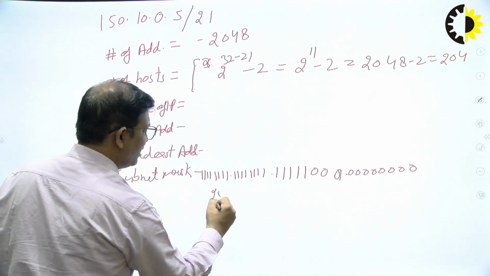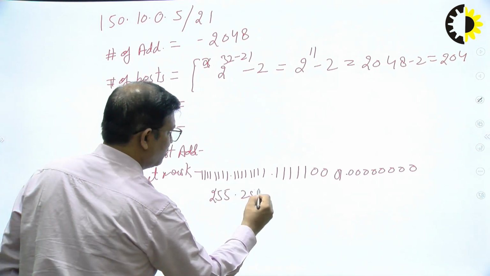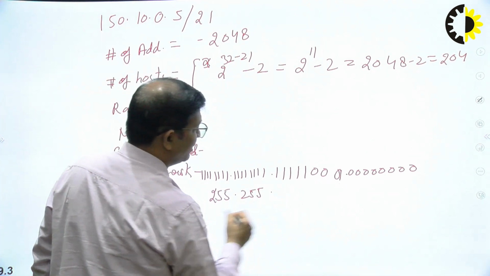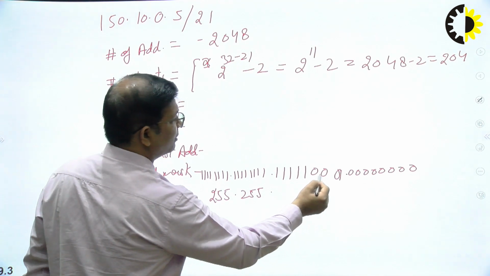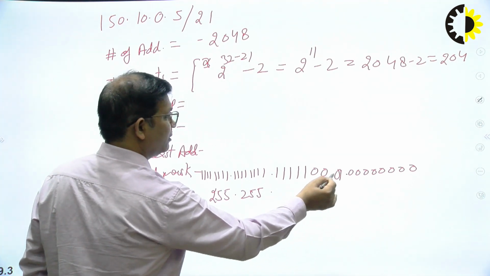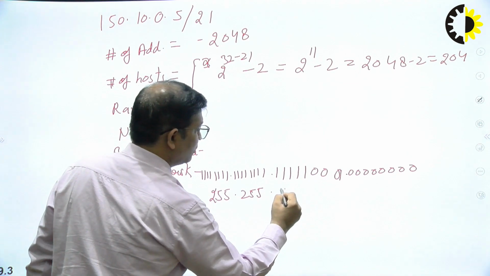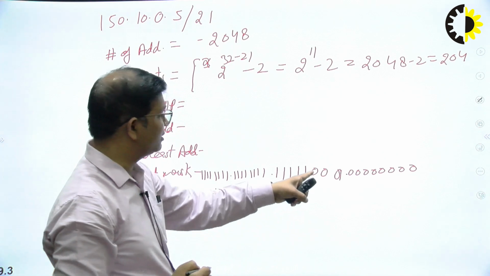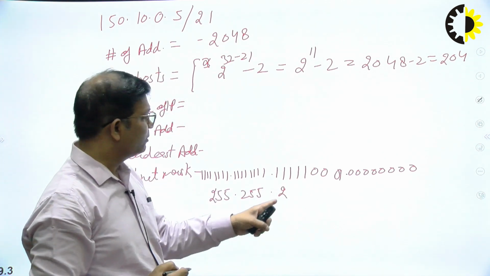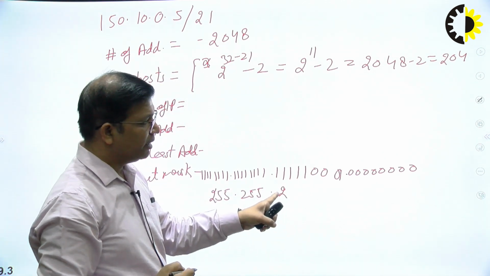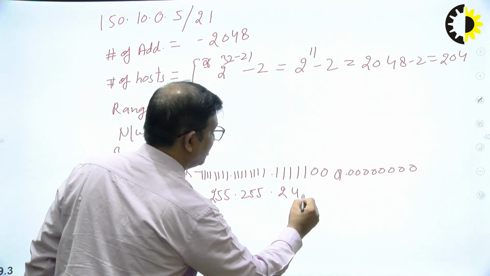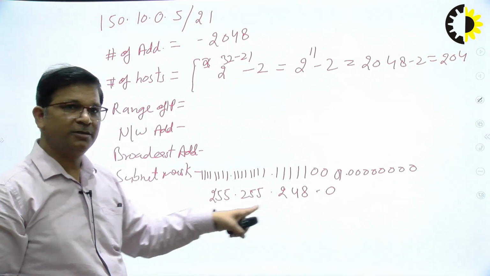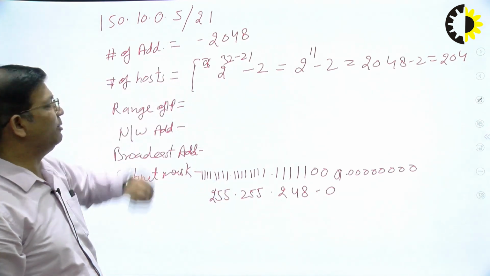In decimal notation, we can write 255.255, and if we convert this binary into decimal notation, we write 248.0. So this will become the subnet mask for this IP range.